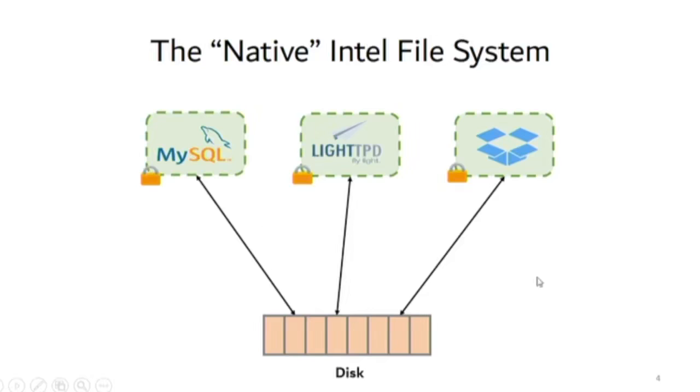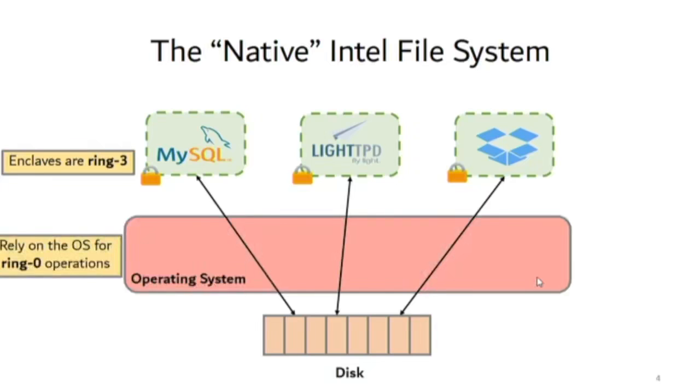Now they're going to try to access the disk to access a file. What's going to happen is enclave programs, like all regular programs, are ring 3. Ring 3 programs in the current operating system models cannot access the disk on their own. That is why the operating system comes into play. So you have to rely on the operating system, which is a ring 0 system, to actually access the disk like a regular program.